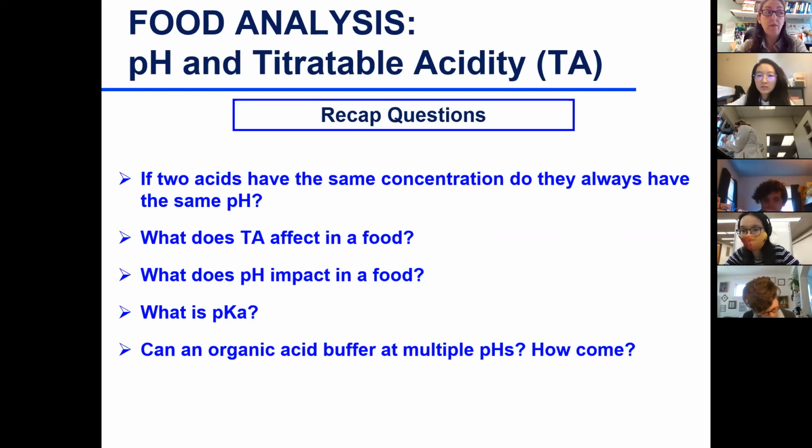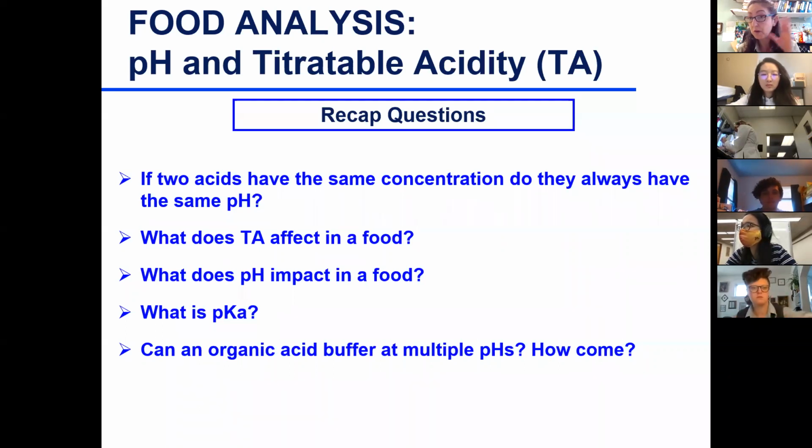And just to clarify that, meaning that depending on their dissociation, some acids dissociate almost 100%, like strong acids. Other acids, like organic acids, don't dissociate in water fully. They dissociate at a much lower percentage.